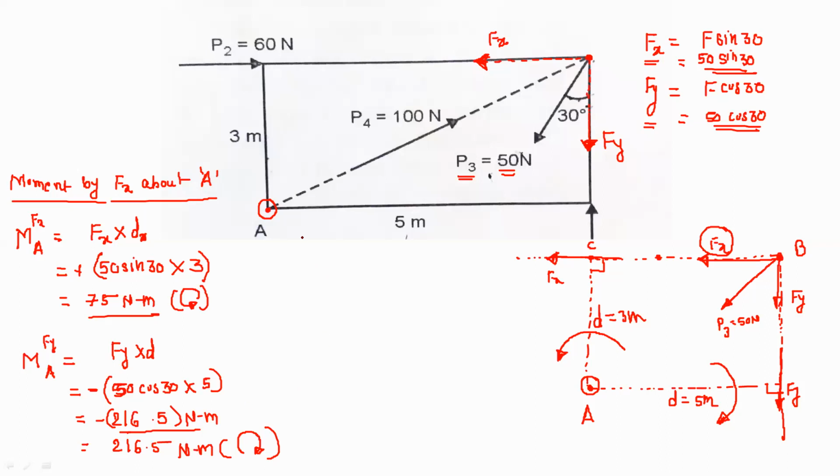Okay. So now we have found the moment by the individual components Fx and Fy. And now we have to find the resultant moment because of this resultant force of 50 Newton.